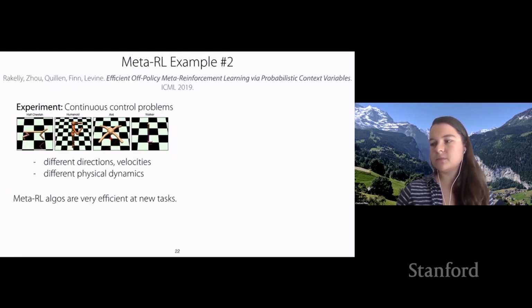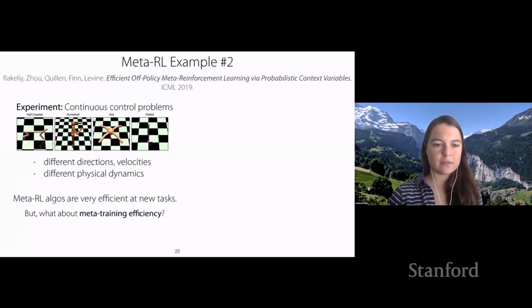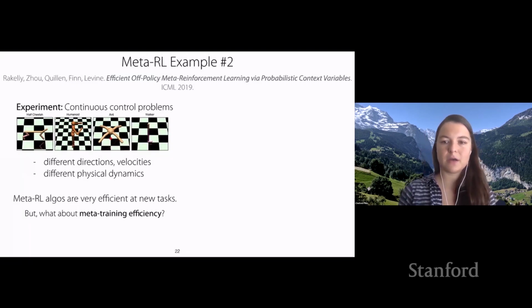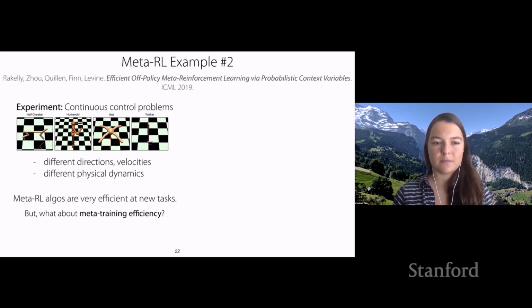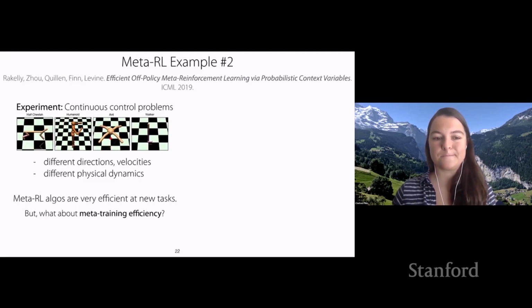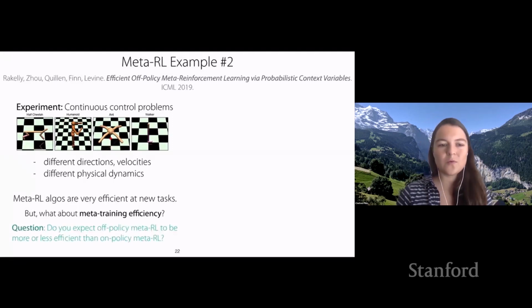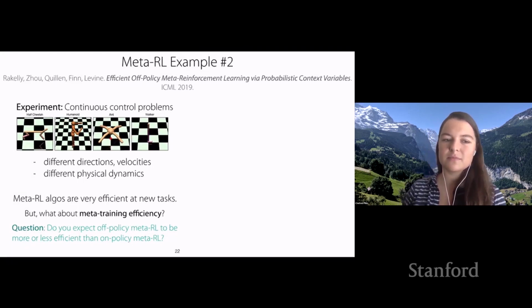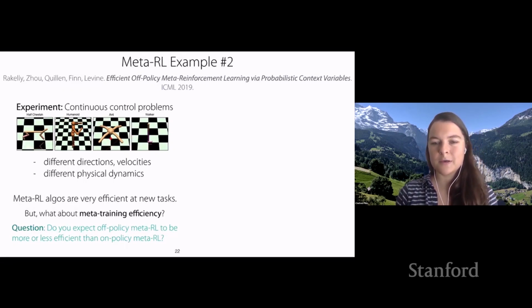One of the things that this paper in particular wanted to study is that meta-reinforcement learning algorithms are extremely efficient at learning new tasks, but the meta-training process may not be that efficient. Basically, the process of learning how to learn on all the meta-training tasks may require a lot of data. So one question is, would you expect an off-policy meta-RL algorithm to be more or less efficient than an on-policy meta-RL algorithm?